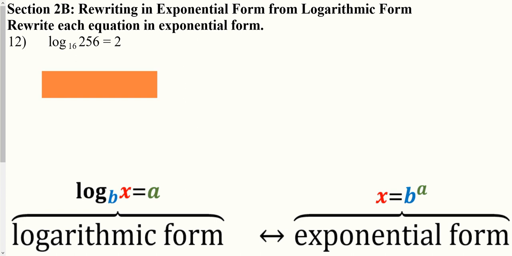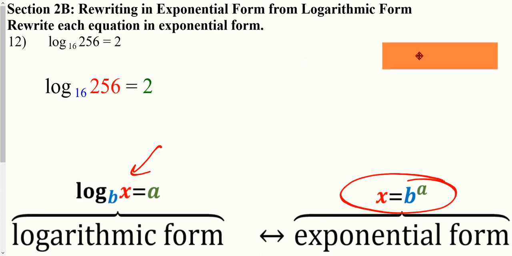We also have the reverse process. Here we have the log form, and we need to take it from this form and rewrite it in this form. Color coding it, it would be like this. We'll put down our equal sign. Our blue 16, I'll put here.